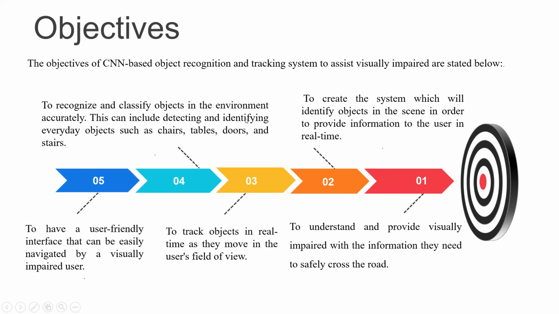This can include detecting and identifying everyday objects such as chairs, tables, doors, and stairs. And to have a user-friendly interface that can be easily navigated by visually impaired people.